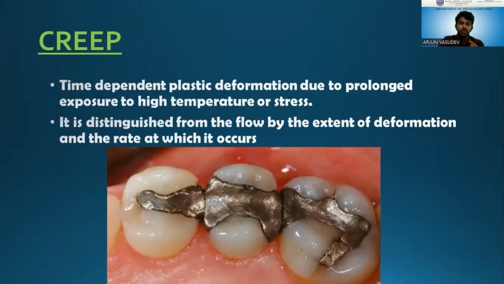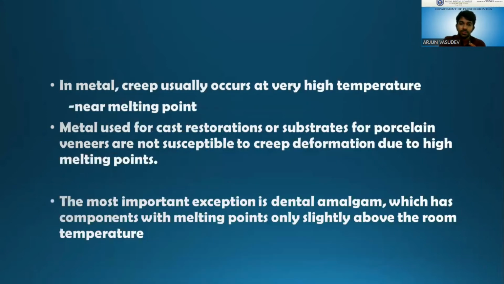Now, creep. Creep is time-dependent plastic deformation due to prolonged exposure to high temperature or continuous stress. It is distinguished from flow by the extent of deformation and the rate at which it occurs. It is evidently seen in long-standing amalgam restorations.